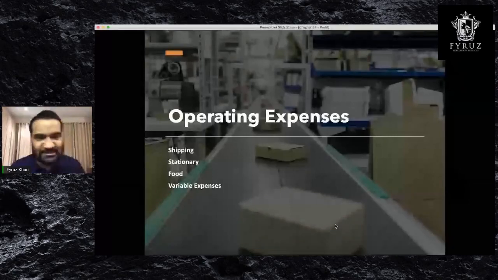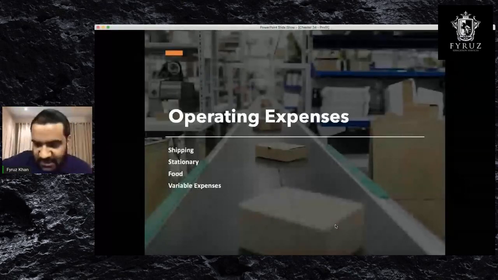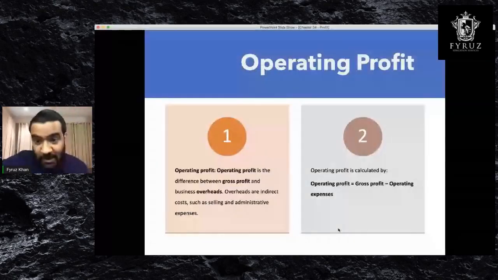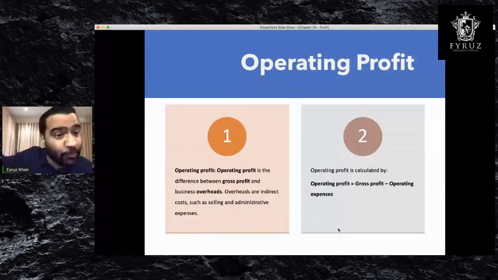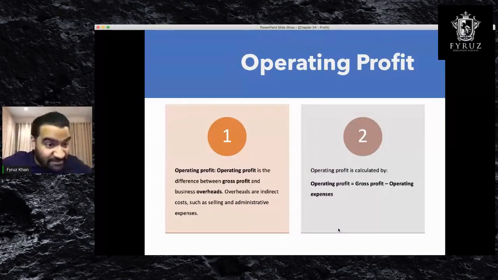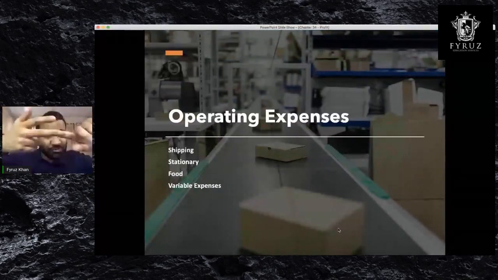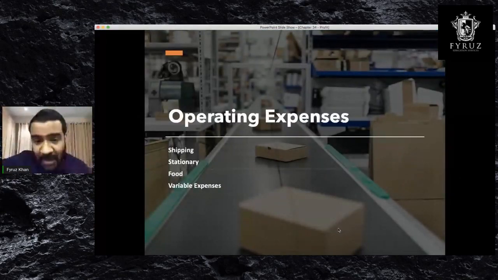They're handling expenses, administrative expenses, legal expenses. So these are all overhead expenses. So you take the gross profit that you've already got, 22.5 million, and you minus overheads or operating expenses. That is operating profit. In order to run a business, there are some operating costs: administrative expenses, shipping expenses, stationery, food, variable. You minus that.